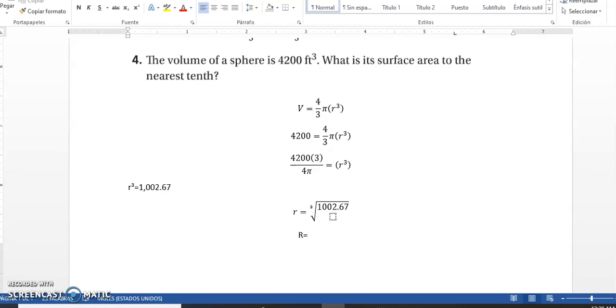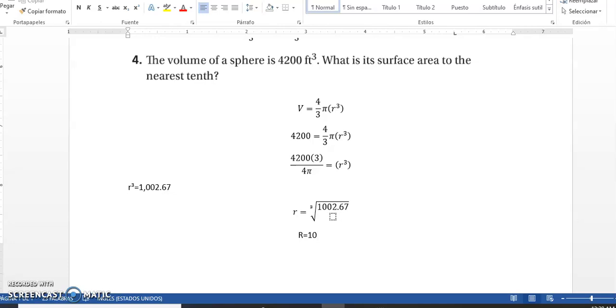Now, how do you find the cube root in your calculator? You have to press shift and go to the place where the square root is, and you see on top the cube root. The answer is basically 10.